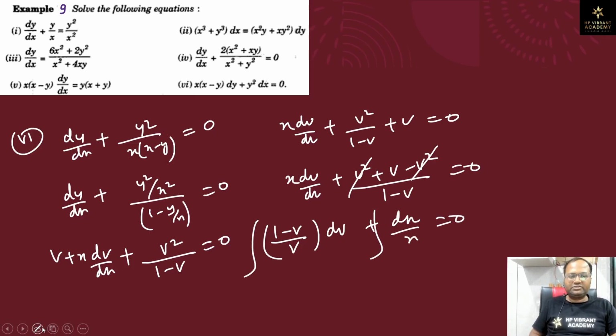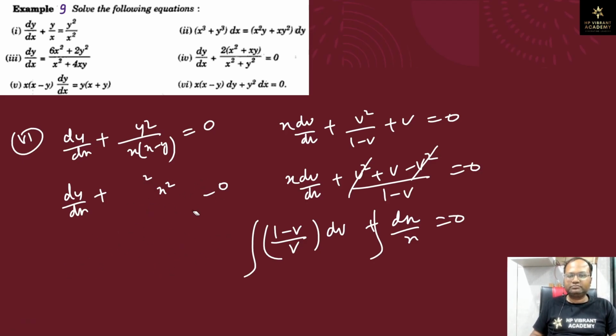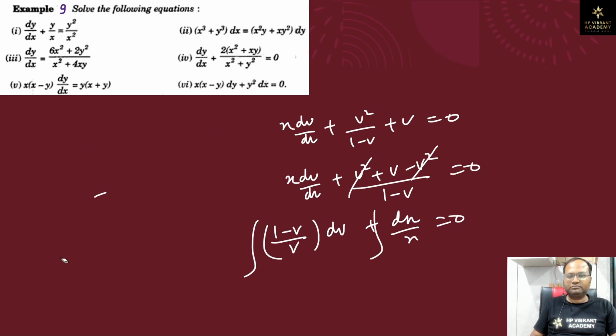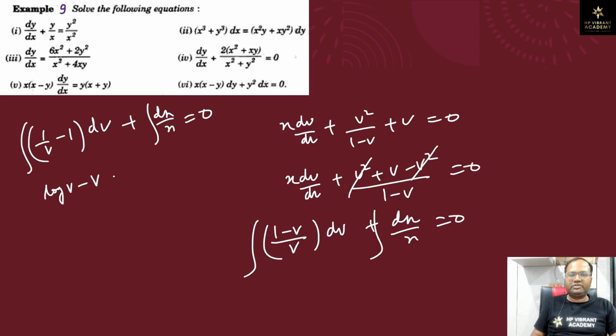Let us integrate this. So this is 1 upon v minus 1 dv integration plus dx upon x integration is equal to 0. So from here we have log of v minus v plus log of x is equal to 0.